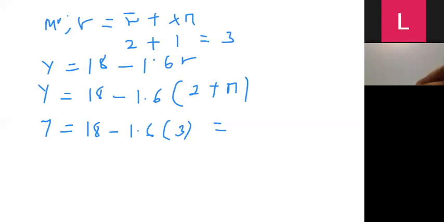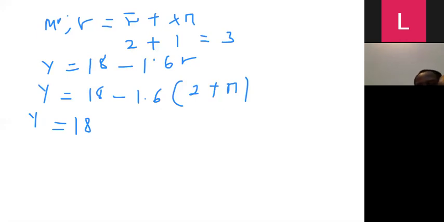Okay, so even if we expand, we have Y equals 18 minus 1.6 times 2, which is minus 3.2, and minus 1.6 inflation. So 18 minus 3.2 gives you 14.8.